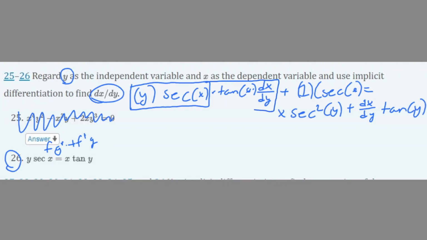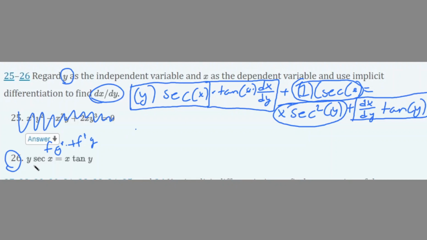Okay, so we're going to draw the rectangles over the dx/dy and the ovals over the non-dx/dy terms. So this can be an oval, and then x secant squared y is going to be an oval, and then this is going to be a rectangle. So what we're going to do is bring this rectangle on the right side to the left side, and this secant x oval to the right side. This to the left side, not the right side.